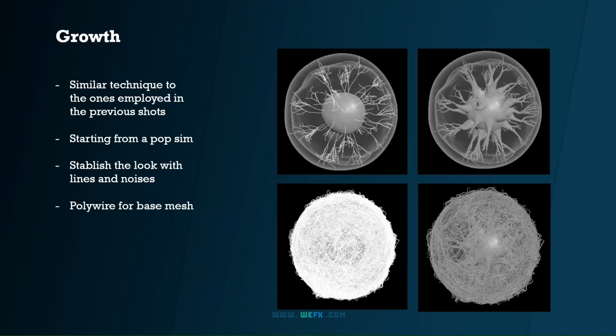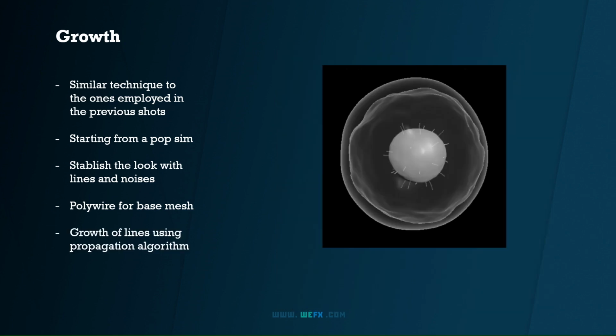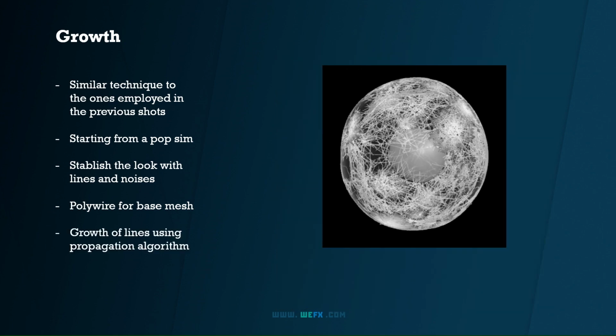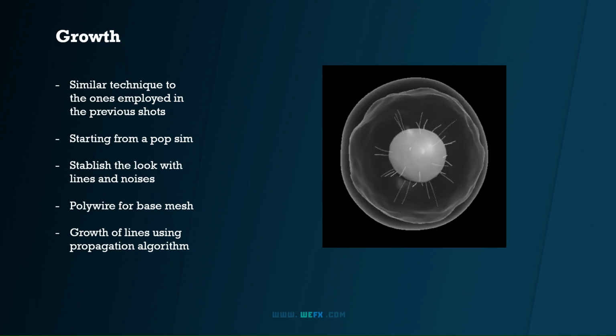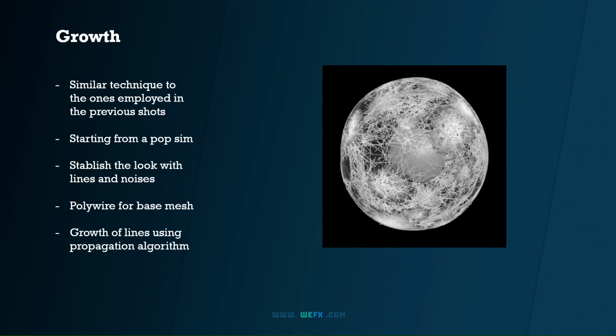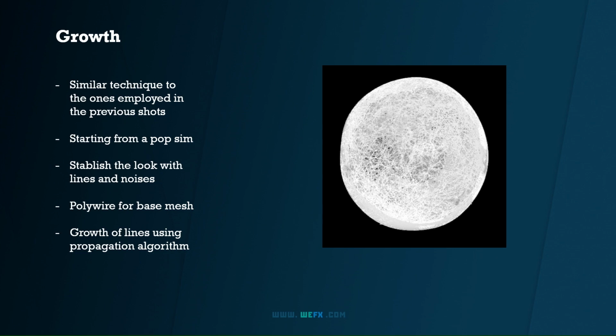From there, we also use PolyWire to get an initial first pass of the base mesh, and to see the complexity and the actual pscale. With all the mesh static, we run a propagation algorithm, similar to what we've been discussing here, though with a different propagation attribute.